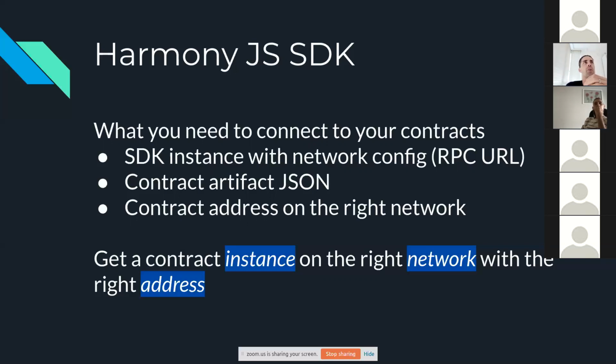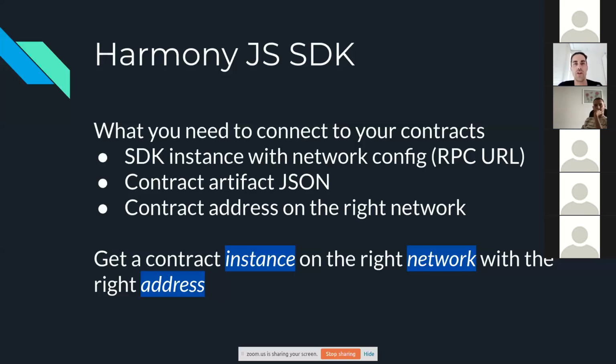So what we need in order to make this successful is to connect to the contract. And at the bottom, you see I'm very explicit about the fact that really at the end of the day, all you need is a contract instance. That is a JavaScript object that is describing your contract as it is live on the right network.